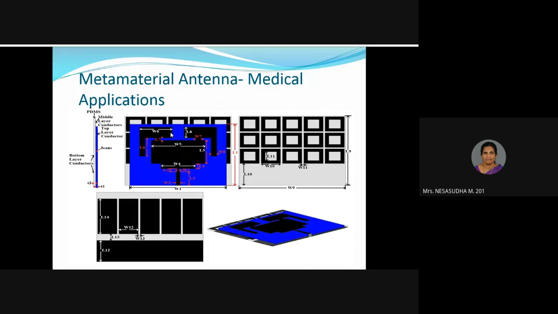Now metamaterial antennas find wide application in the medical field, medical antennas. Knowingly or unknowingly, every day we are dealing with antennas in our day-to-day life. When we are holding mobile phones, a mobile phone has an antenna. It has radiation, and this radiation affects the human body.